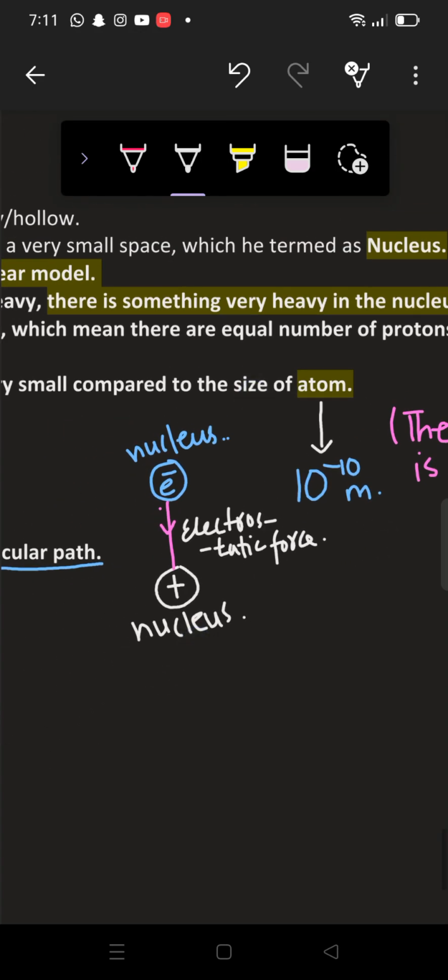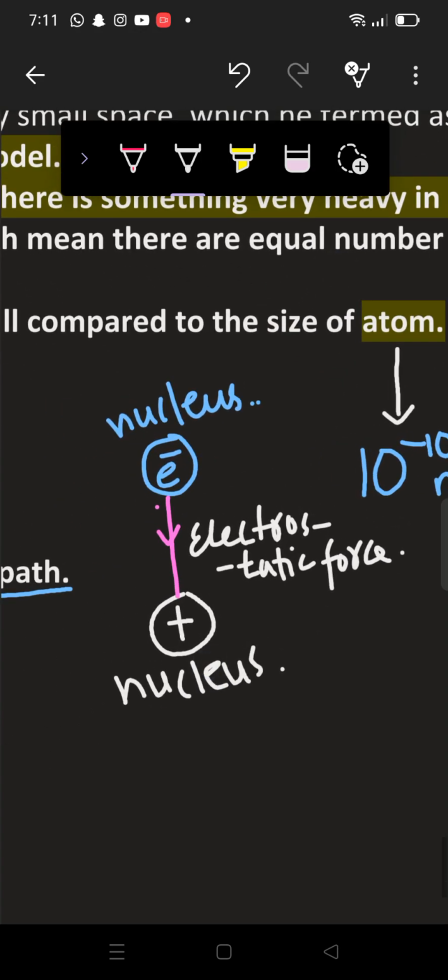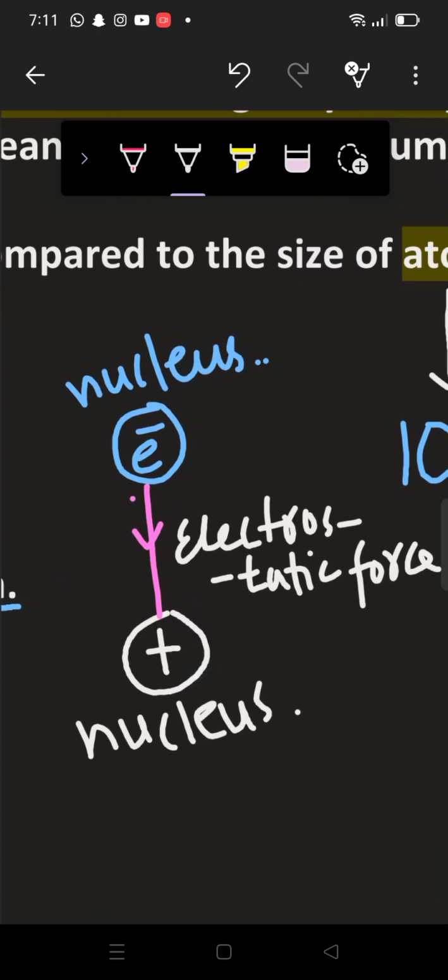Now if there is an electrostatic force, we know that the proton mass is a bit more than the mass of the electron. Then the proton must have got or attracted this electron towards it, right?